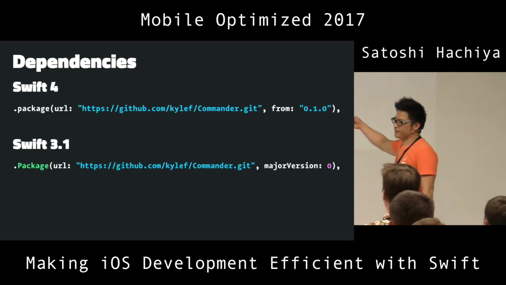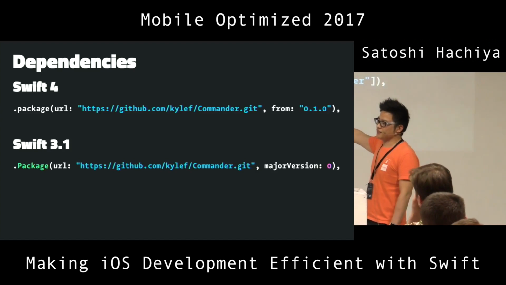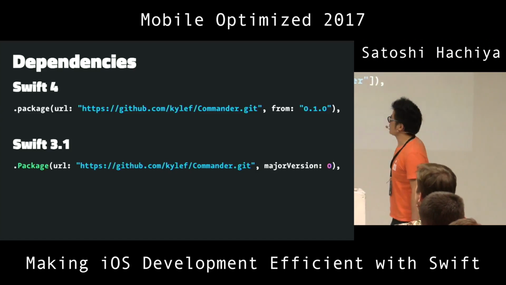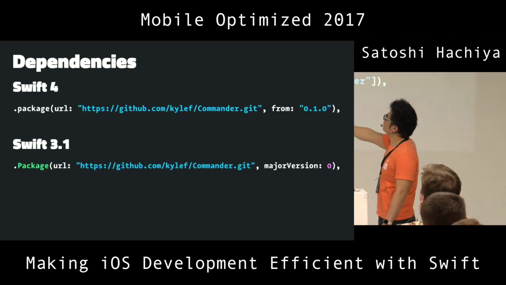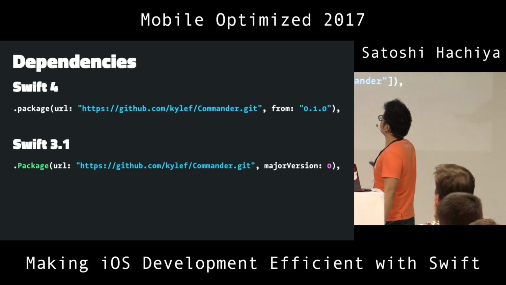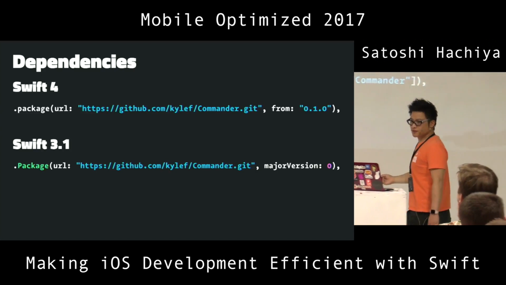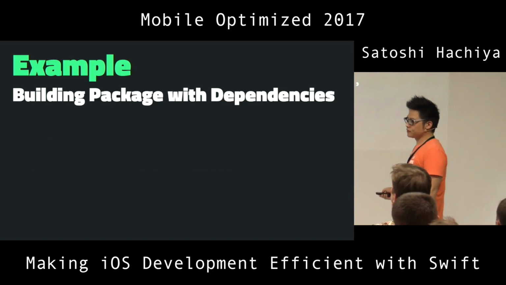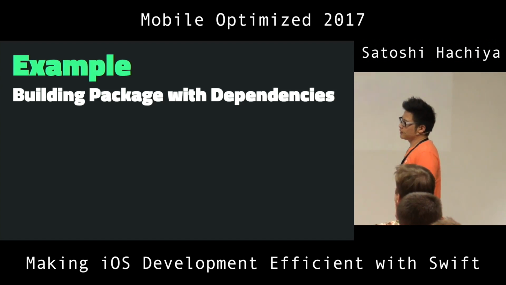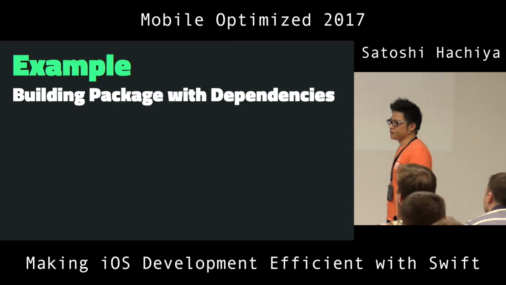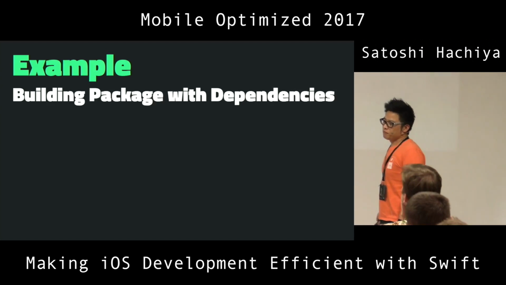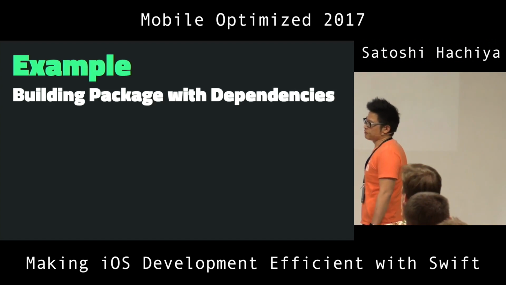In this way, we can use existing libraries with the Swift Package Manager. Dependencies are specified in our Package.swift manifest file.